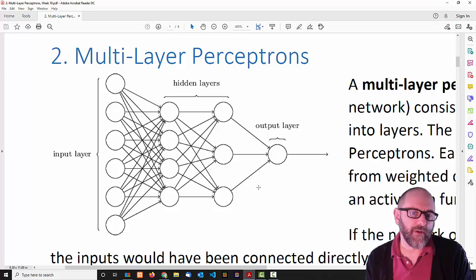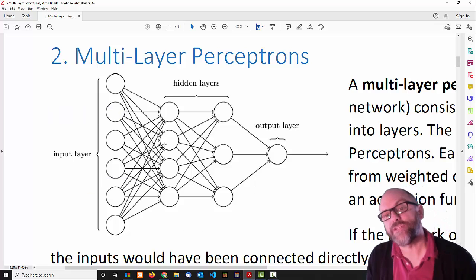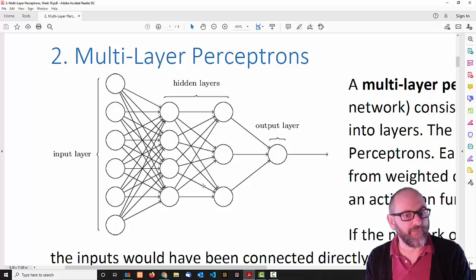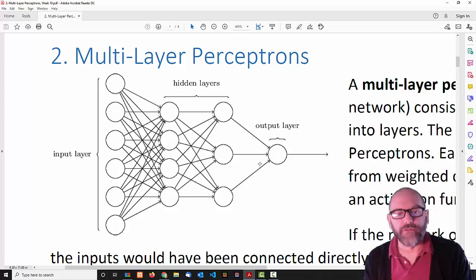That's one thing that's different about multi-layer perceptrons, and one change that we have to make throughout the network, which we'll talk about later on, is that the activation function can't be a step function. The final unit could actually be a step function, but the ones in the middle can't be, for mathematical reasons. So typically it outputs a number between 0 and 1, which you can use to represent a classification.